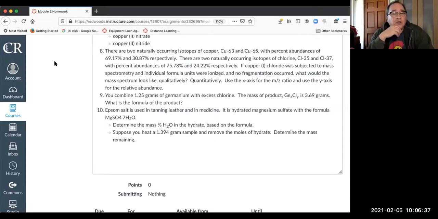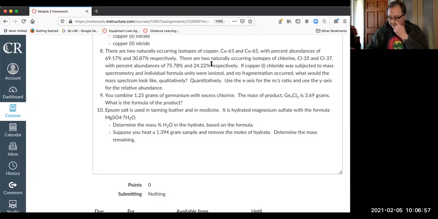If copper 1 chloride was subjected to mass spectrometry and individual formula units were ionized and no fragmentation occurred, what would the mass spectrum look like qualitatively? I repeat the word qualitatively because I don't want you to calculate it.